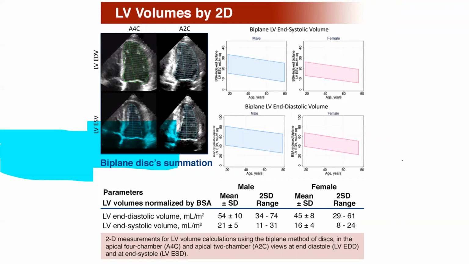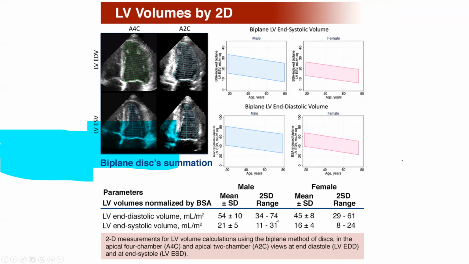In the quantitation document, we have the normal ranges for left ventricular diastolic and systolic dimension, and these do have a gender and an age dependence. So in general, normal left ventricular diastolic and systolic volumes are higher in men.